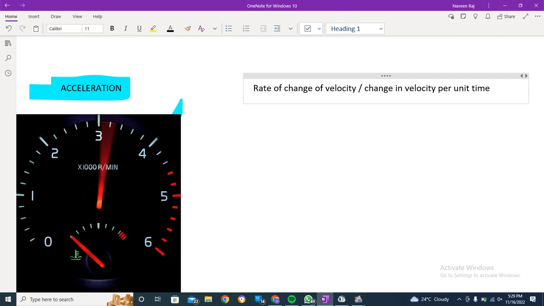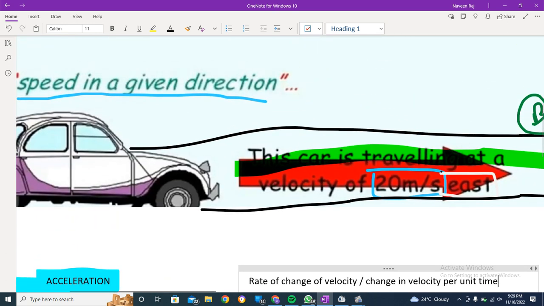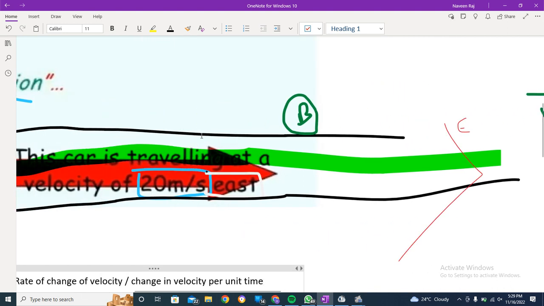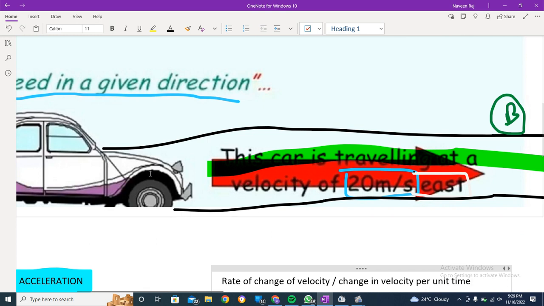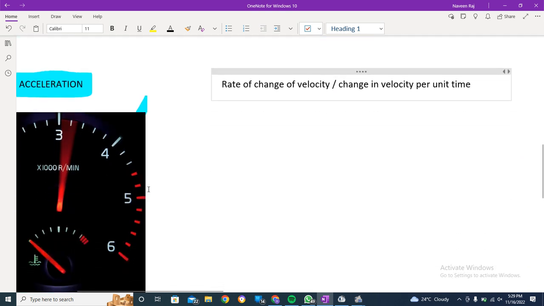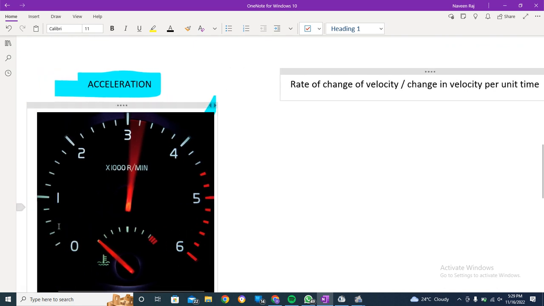Now we have seen that we have got velocity. I talked in the previous video that, for suppose we have got a speed breaker, then the velocity changes. So that is non-uniform velocity. The rate of change of that velocity, how that is changing and whether it is constant, is dealt with by acceleration.